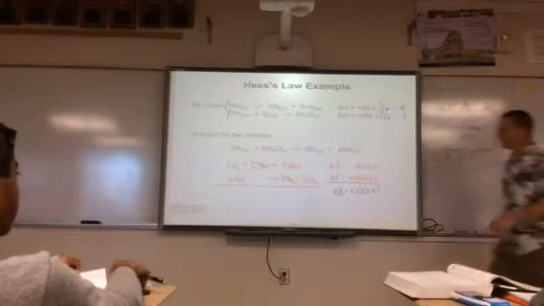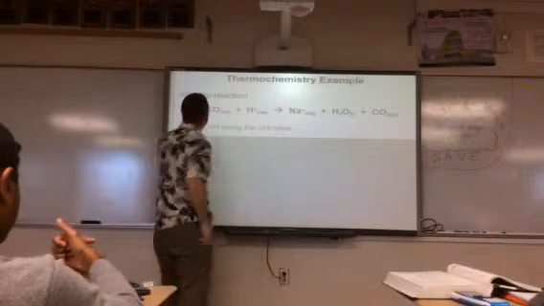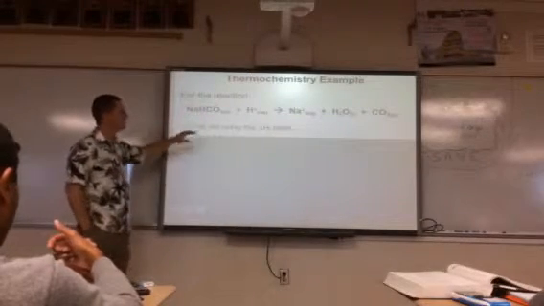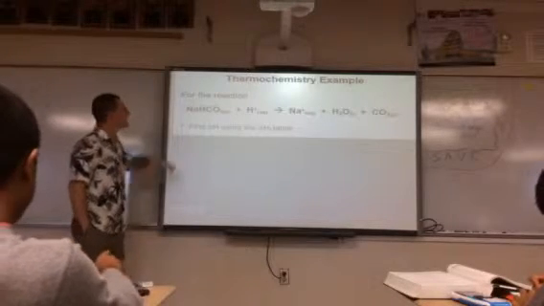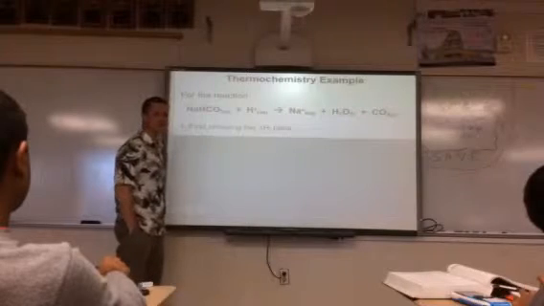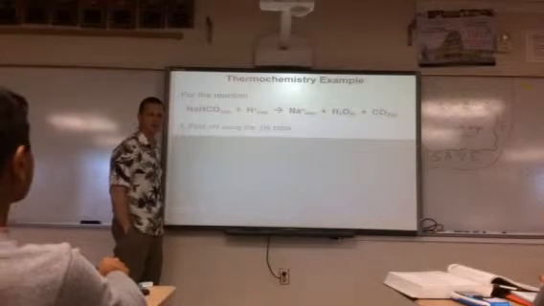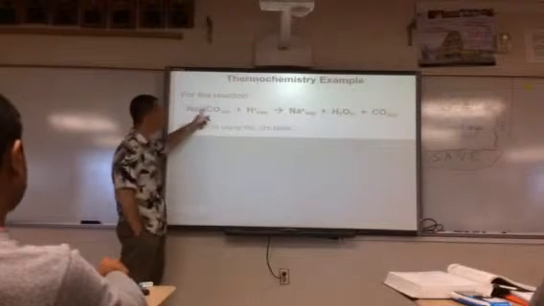I asked you to have a book at your desk because the next problem is a reaction in which we're going to try to find delta H from the heat of formation table. This looks like a chemical equation for a lab that you've recently done. The freezer bag lab. Yeah, you had a carbonate compound.